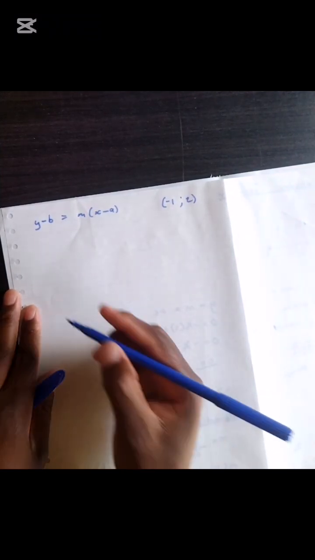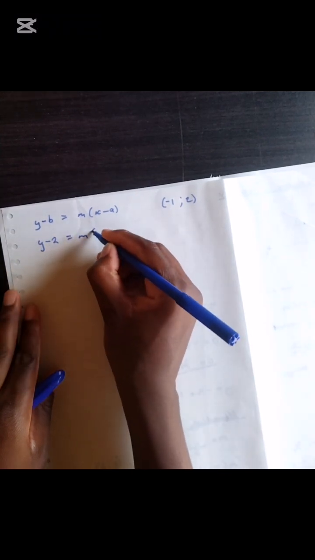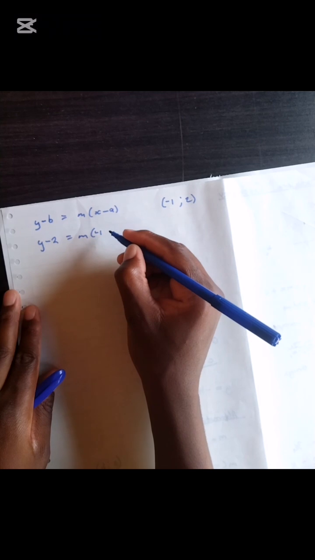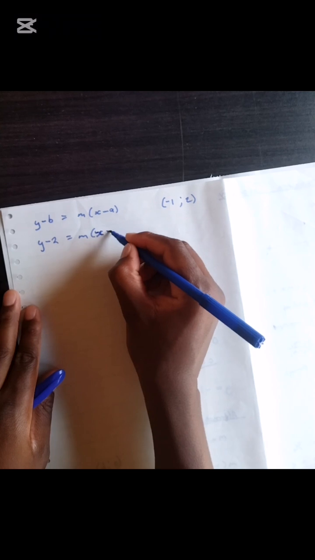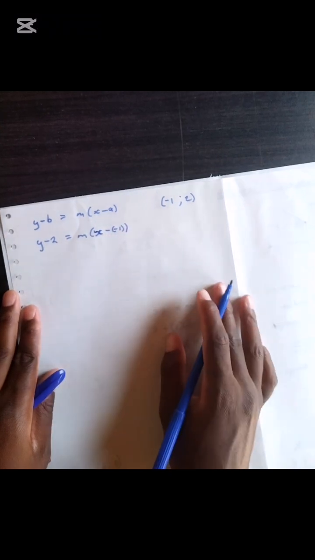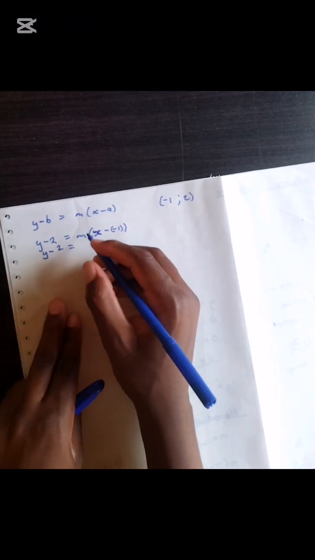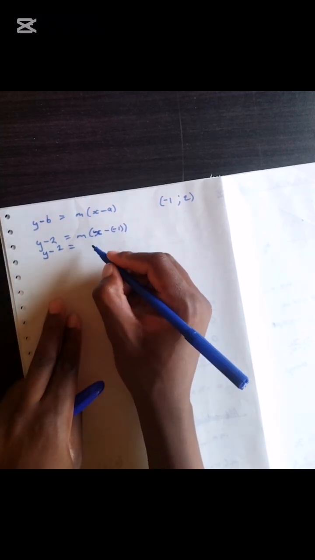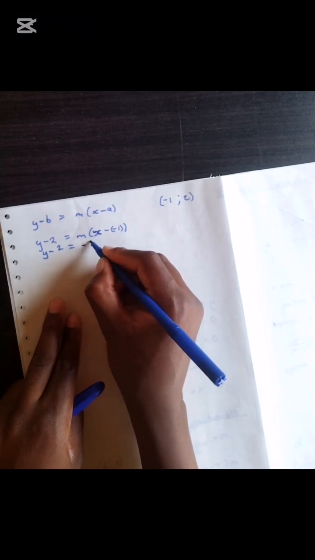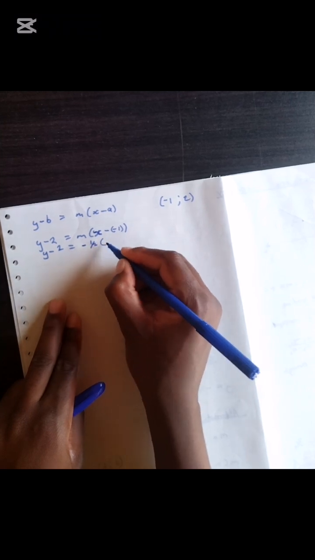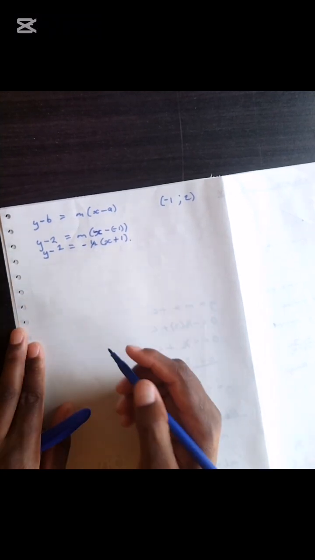So y minus b, which is 2, is equal to m, x minus -1. So y minus 2 should be equal to -1/2 x plus 1, because we already have the gradient.